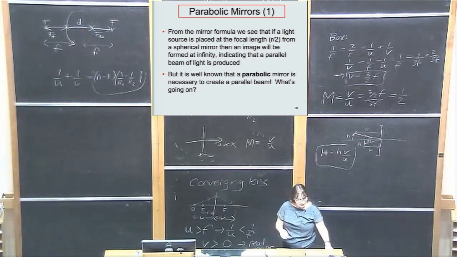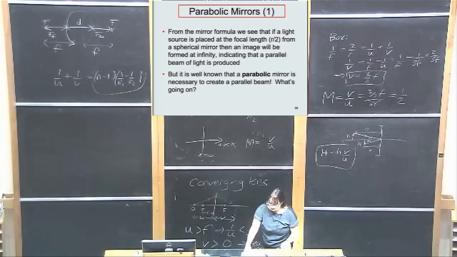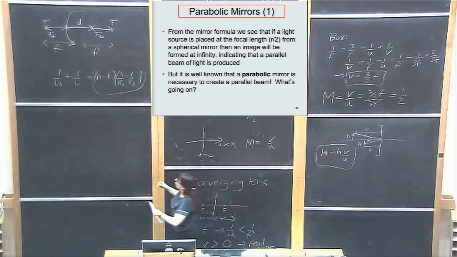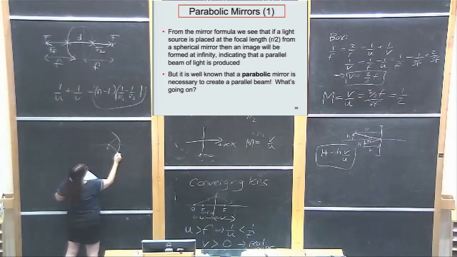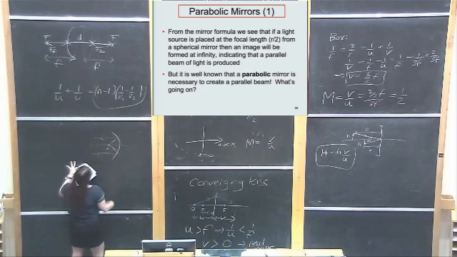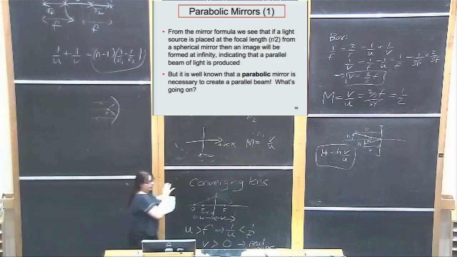So we have just been saying that we can form a parallel beam of light from a spherical mirror. If I place a point-like object at the focal point here, the rays will come out parallel. And that was a spherical mirror.